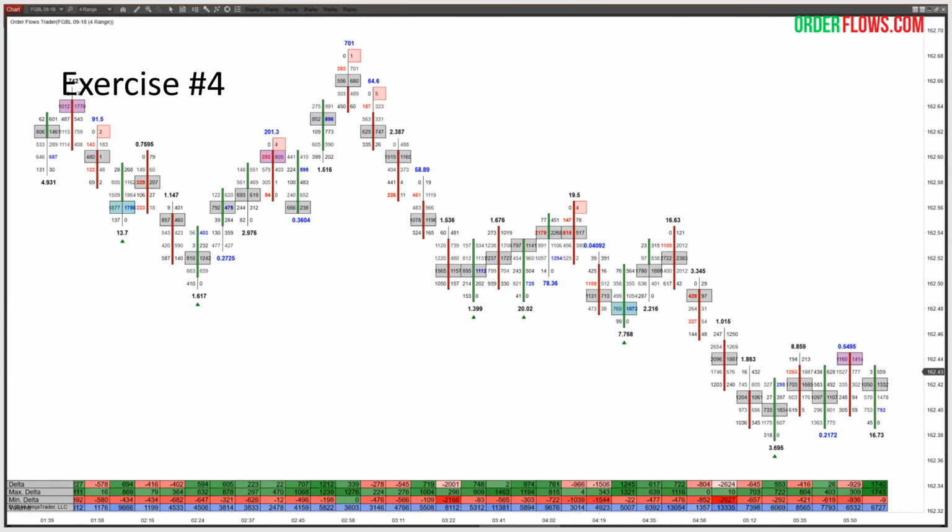Now obviously you see the divergences here, which are the obvious ones, but take a moment to analyze what you're looking at. You have 1212, a strong positive delta. The one that follows it, 339, is obviously not very strong. And at one point, this bar had 1276 positive delta, max delta, which is actually stronger than the previous bar. But we only managed to close at 339.